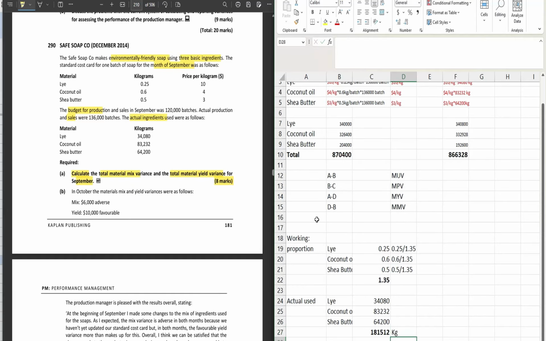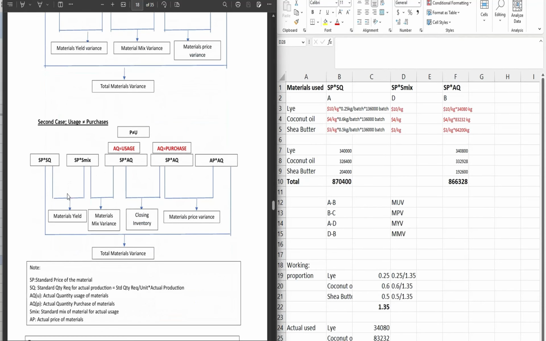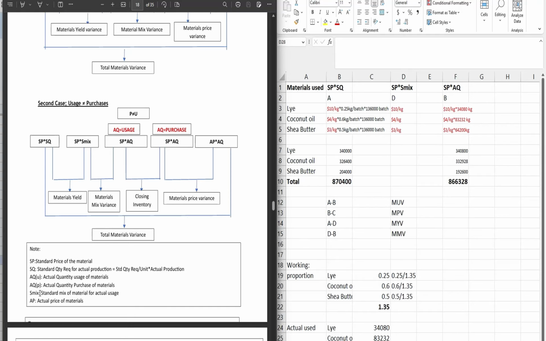So now for S mix calculation, standard proportion according to actual uses. If you remember the formula, here I have written S mix means standard mix or standard proportion of material according to actual uses. Sorry, standard mix of material for actual uses.